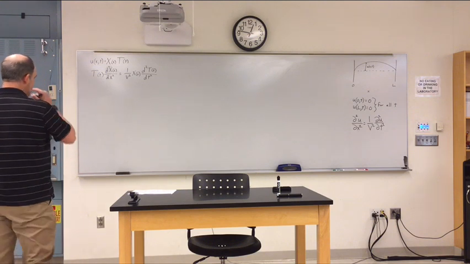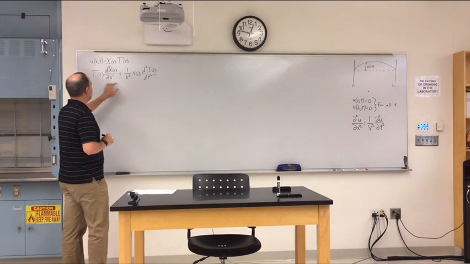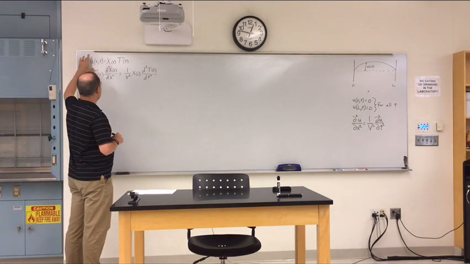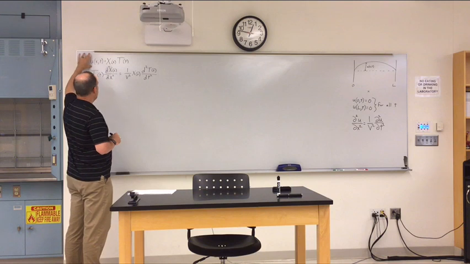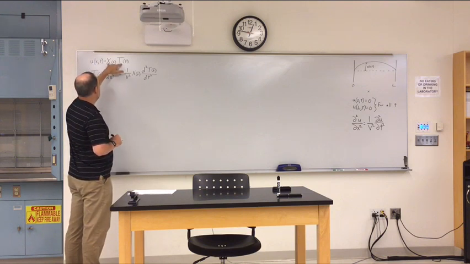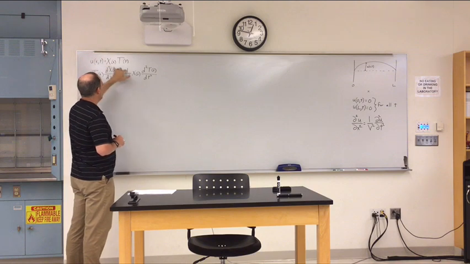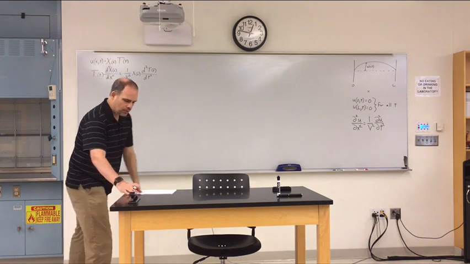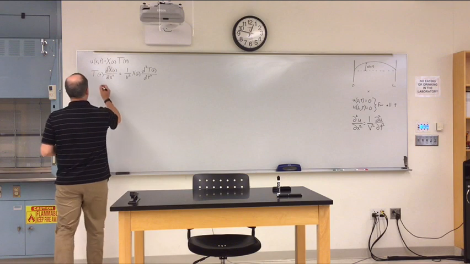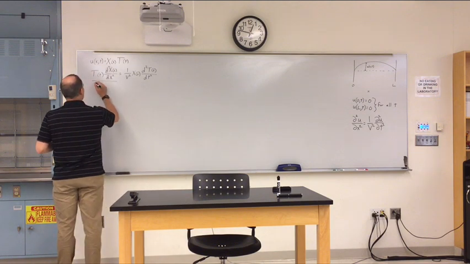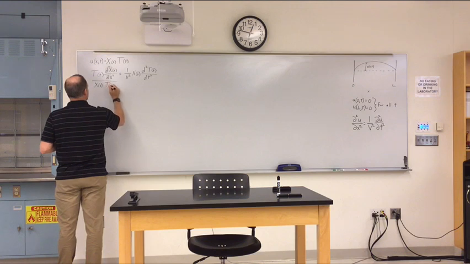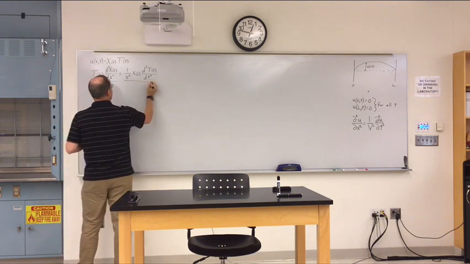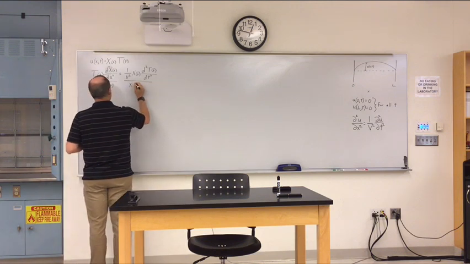So I'm going to take both sides and divide them by our original function, u of x, t, which means dividing both sides by X of x, T of t. If I do it to both sides, then they're still equal to each other.